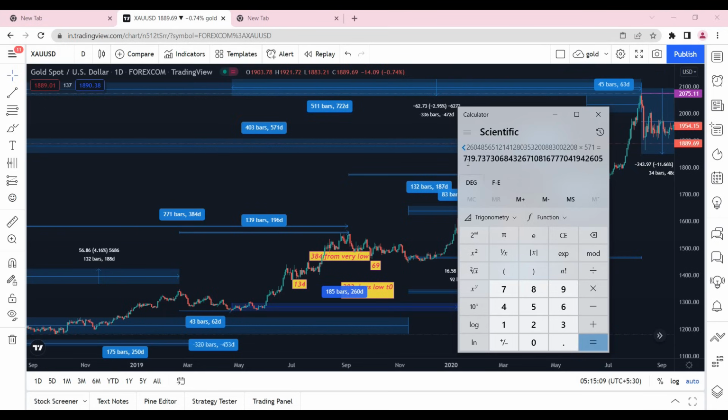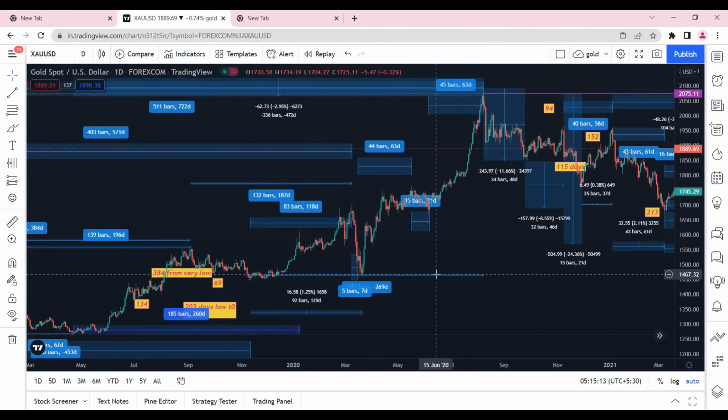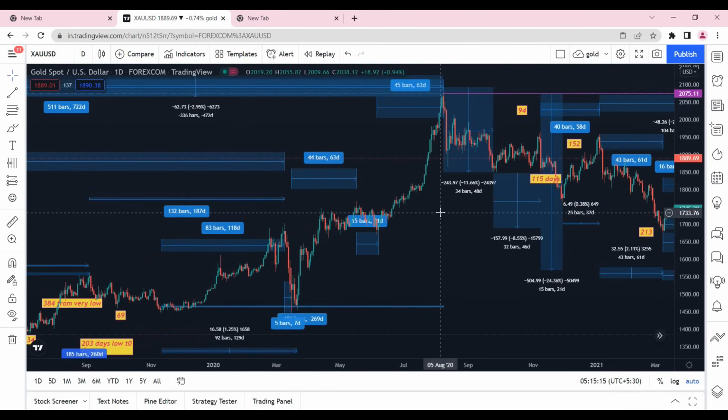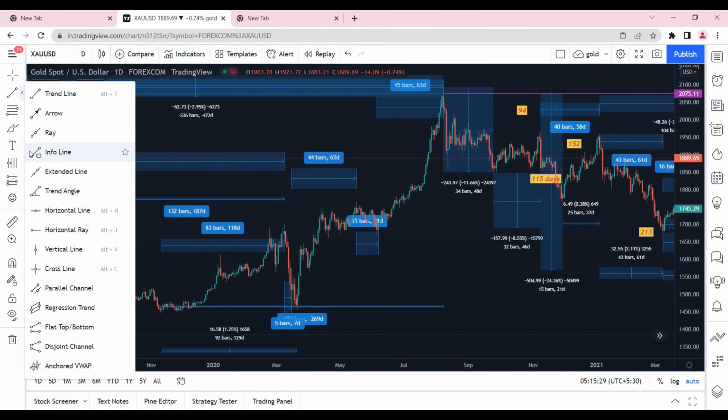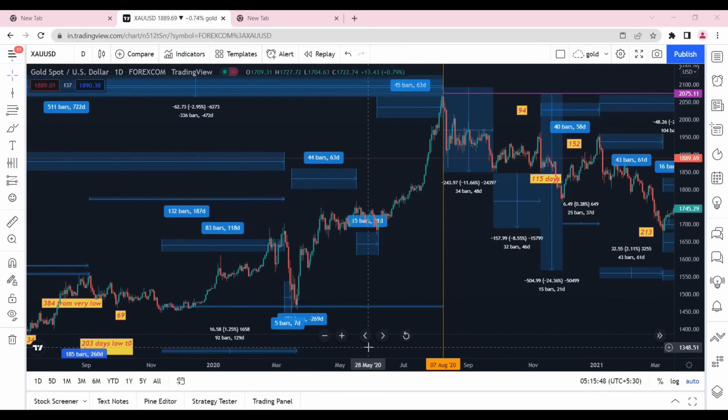That's 720 days. Again exact, from that low to this high, 720 days. We see one more calculation here and one more 720 days. Perfect confluence, and from there we saw a nice drop. Interesting, and it's perfectly accurate, right?